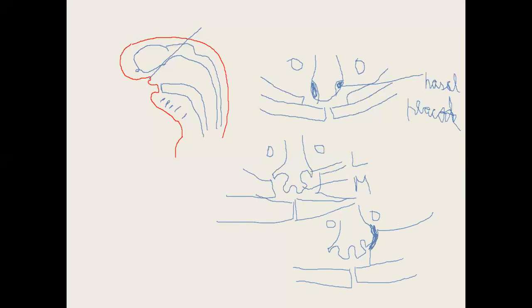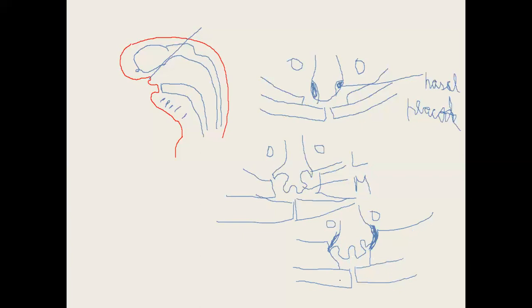So a nasolabial groove, or a naso-optic furrow, is formed on both the sides along the lateral nasal prominence and the maxillary prominence. This naso-optic furrow will give rise to the nasolacrimal duct. The medial nasal prominences will give rise to the primary palate, the intermaxillary part, and the philtrum of the upper lip. Maxillary prominences will contribute to most of the portion of the upper lip and the palate.